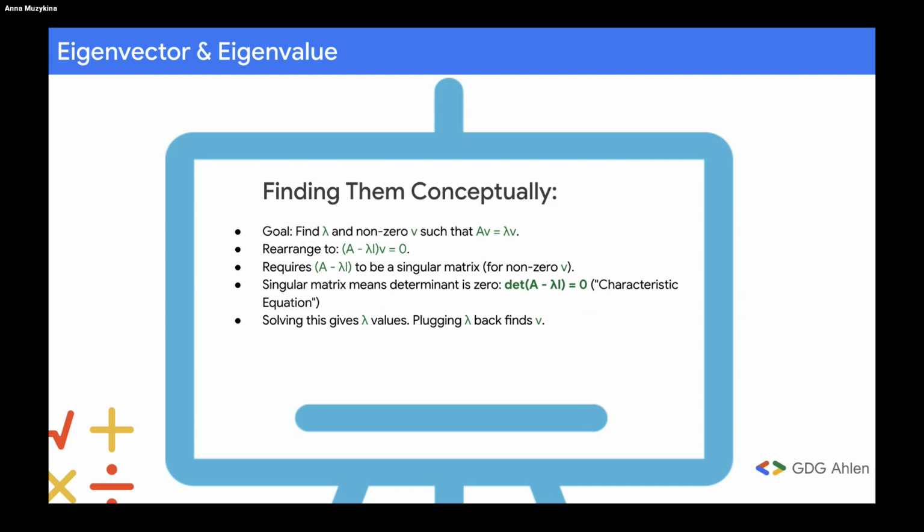Now we are looking for solutions where V is not the 0 vector. For the equation some matrix times V equals 0 to have a non-zero solution for V, the matrix itself, here A minus lambda I, must be singular.